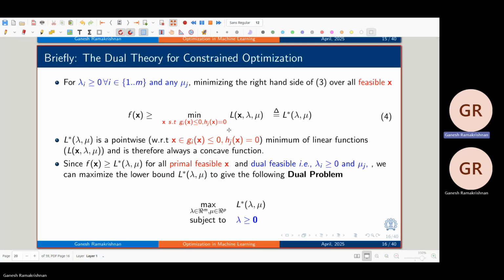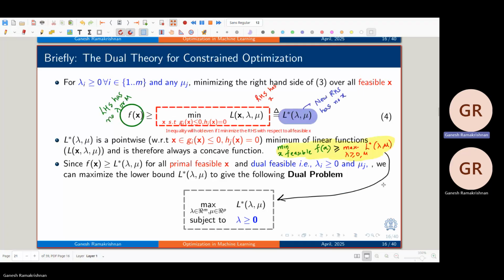So weak duality: primal solution greater than or equal to solution to Lagrange dual. Question is, when can this become strong? When can there be an equality?